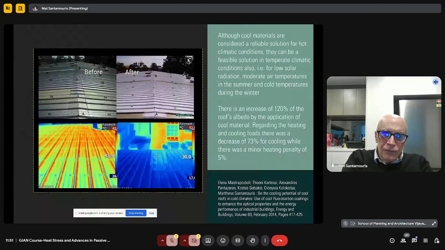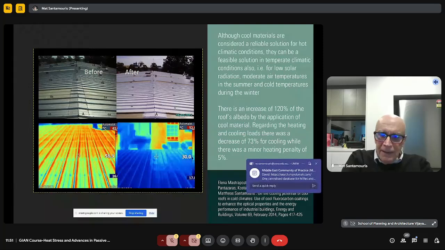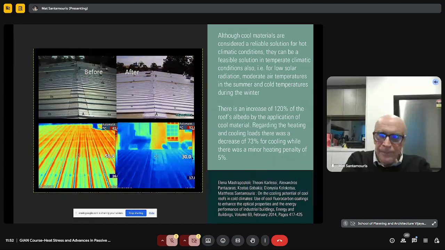Can we use cool roofs in temperate environments, in cold environments? We tried this on an industrial building in the Netherlands. The Netherlands is a cold area.